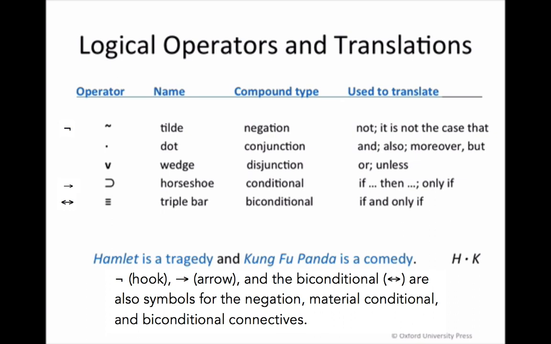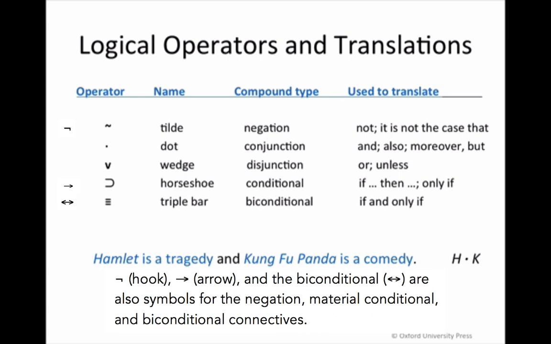So when you're conjoining two sentences, you're bringing two sentences together in a way that you are saying both are the case, you use dot. Wedge, or the lowercase v, symbolizes a disjunction. And a disjunction is a sentence reflective of an or, either or, unless compound statement.